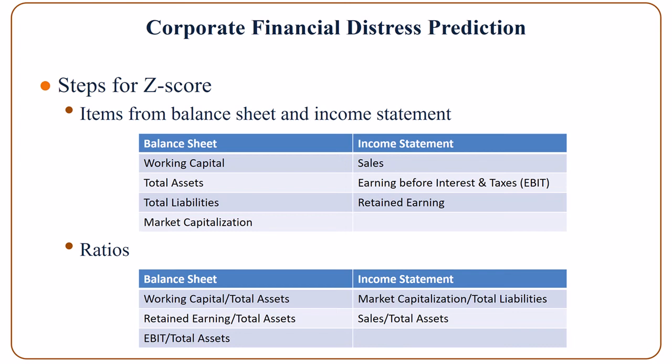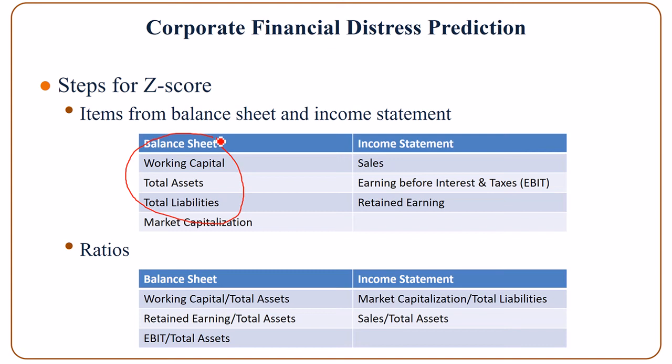Given a company's balance sheet and income statement, we can get working capital, total assets, total liabilities, and market capitalization, and those are in the balance sheet.